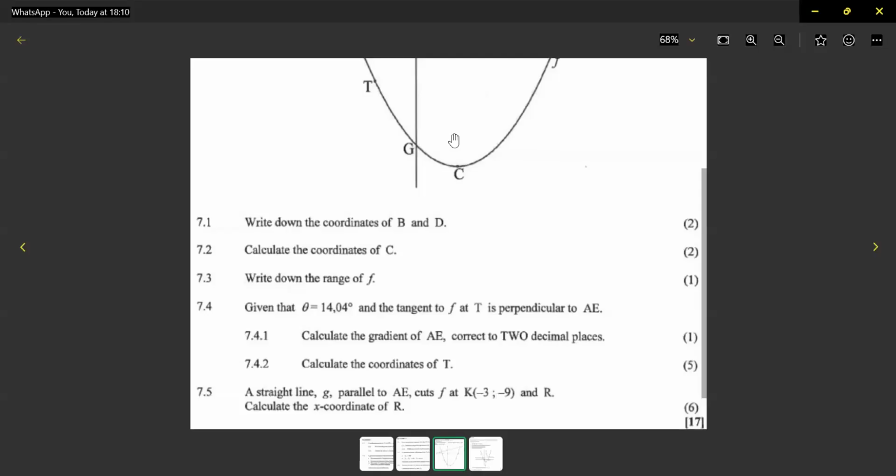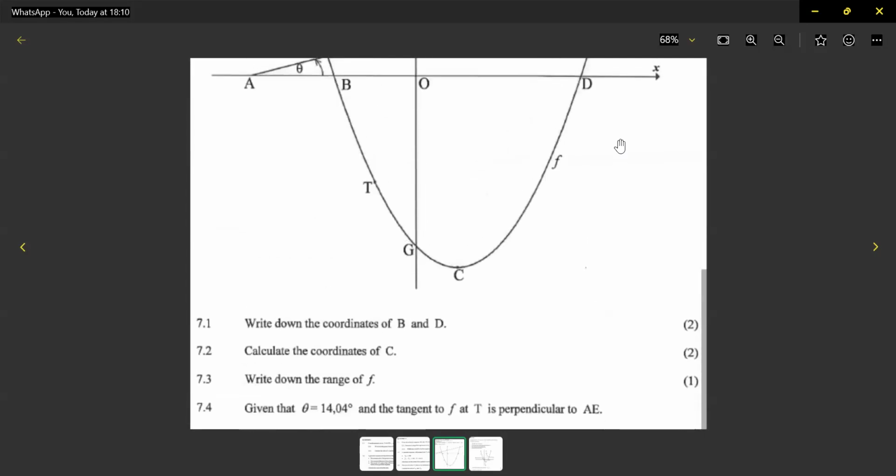So now let's look at 7.4, which is one of the most interesting questions in this case, of course. So here they say it is given that theta is 14.04 degrees and the tangent to f at point T is perpendicular to the line AE.